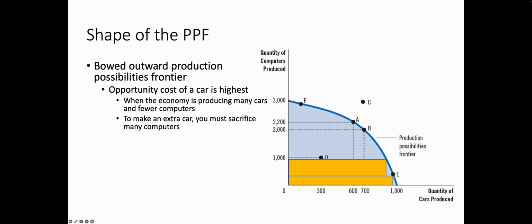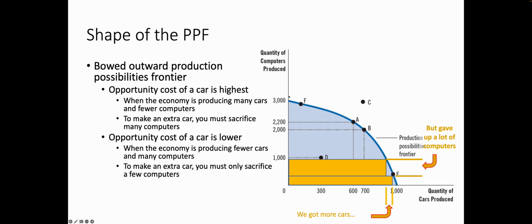What is happening in that region? Are we getting more cars? Yes, we are. How many more cars? The distance between these two vertical lines, these two braces. How many computers are we losing? We're giving up relatively a lot more computers. So in this region, the opportunity cost of a car is highest.